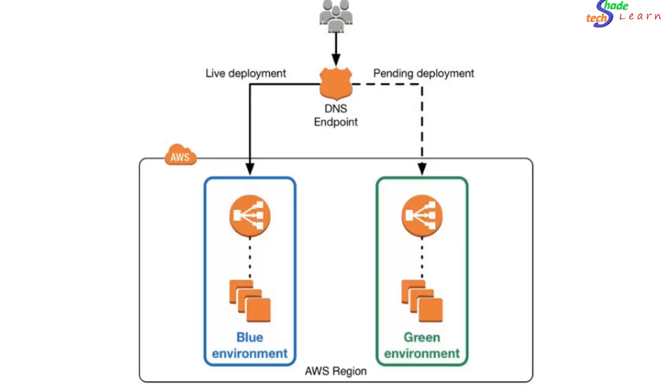Once you do that, all the traffic will go to the green environment, and your blue environment will not get any traffic. If some issue comes up, suppose the deployment didn't go well or something goes wrong, for rolling back you just need to change the DNS entry, the DNS endpoint. Then you'll be back in the blue environment.